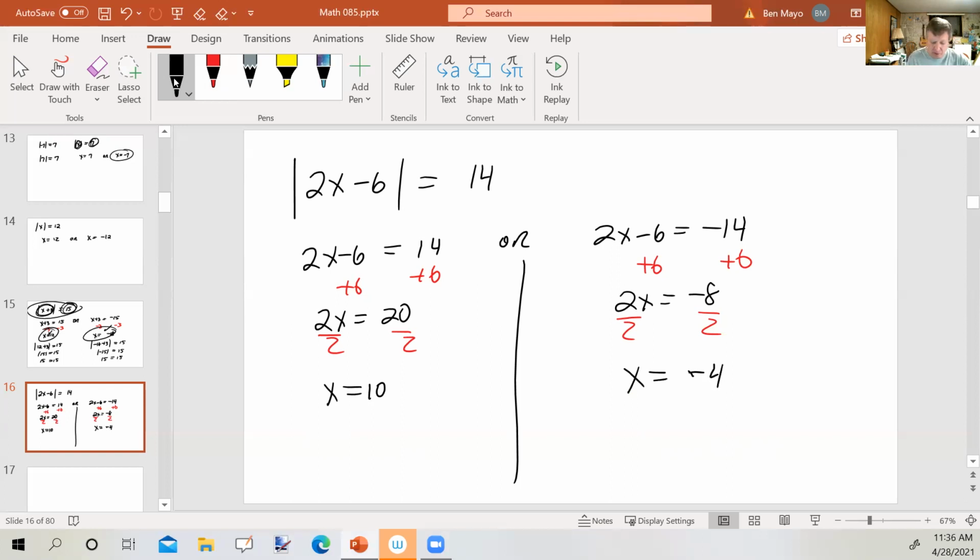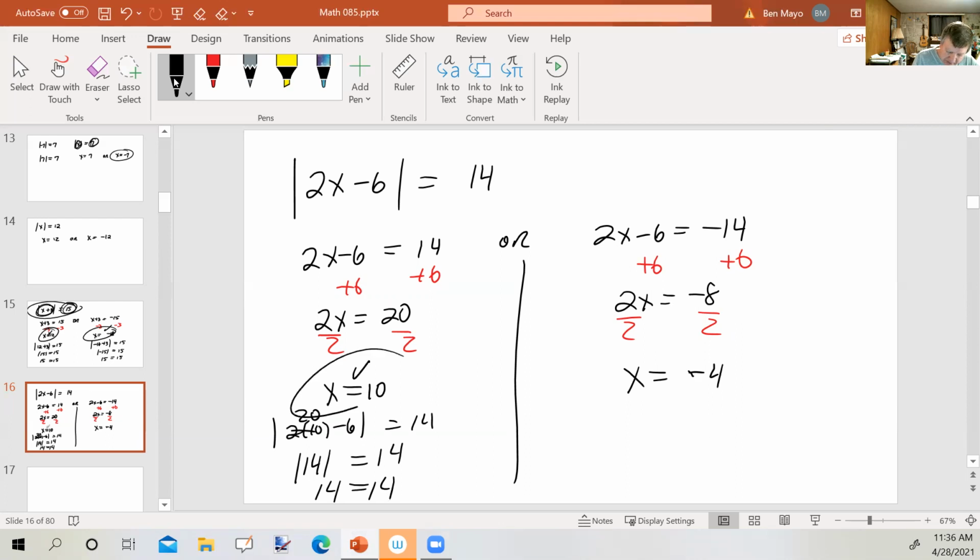Let's check the two solutions. If x is 10, we'd have the absolute value of 2 times 10 minus 6 equals 14. 2 times 10 is 20. 20 minus 6 is 14. The absolute value of 14 is 14, so 14 equals 14, and it checks.